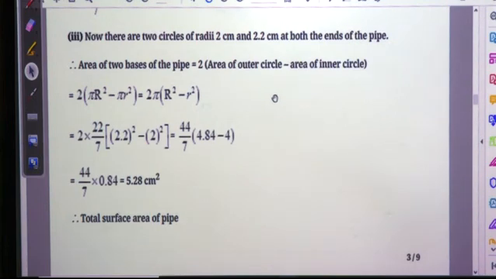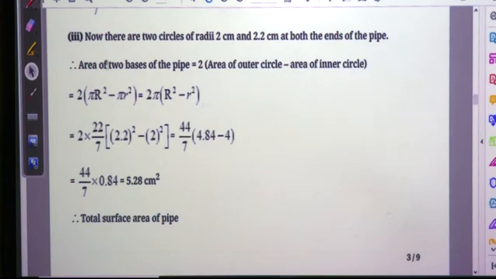Now, there are two circles of radius 2 centimeter and 2.2 centimeter at both the ends of the pipe. What it has been explained to us? There are two circles of radius 2 centimeter and 2.2 centimeter at both the ends of the pipe.